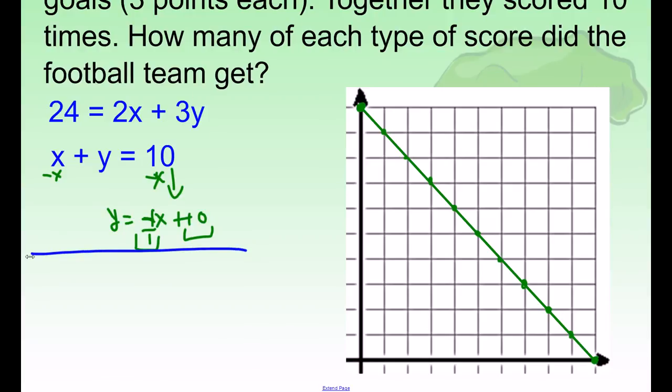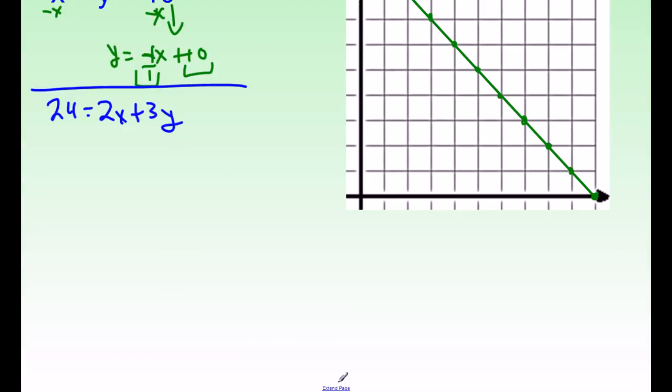Our top equation, this 24 equals 2x plus 3y, in order to graph this again, it would be helpful if we had this in slope-intercept form. So I'm going to solve for y. Start by subtracting 2x on both sides. That gives me negative 2x plus 24 equals 3y. Divide by 3 on both sides, so the 3's cancel.